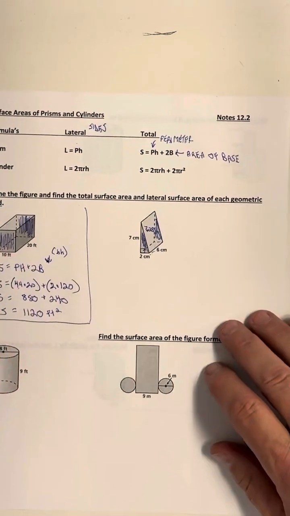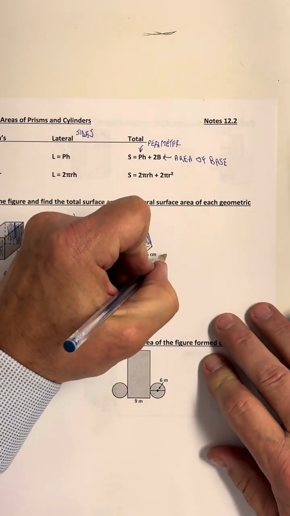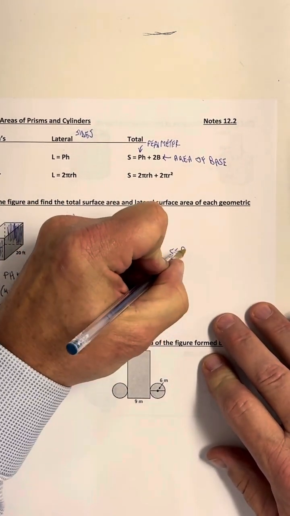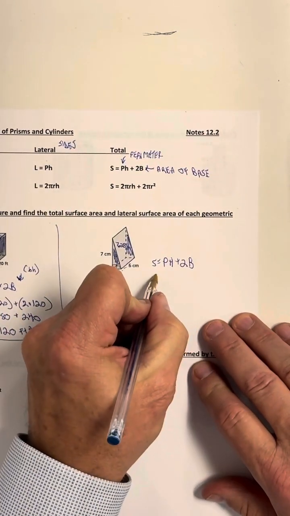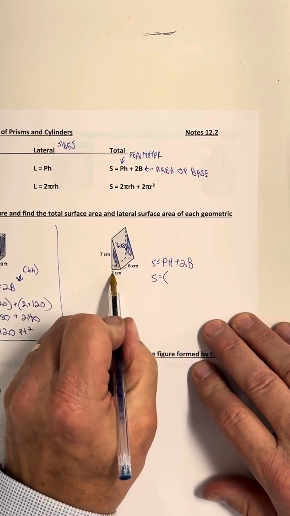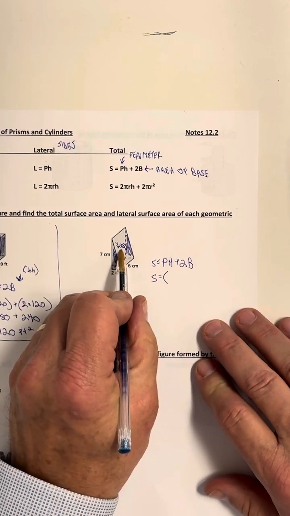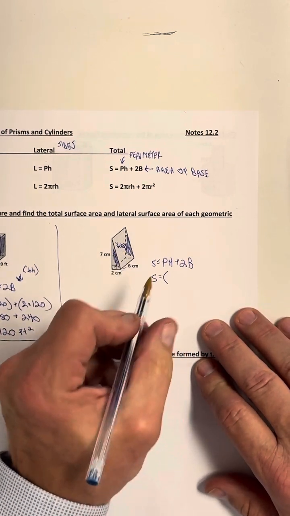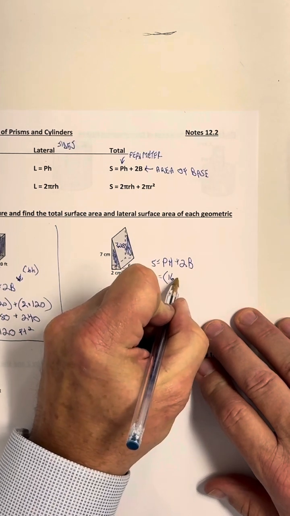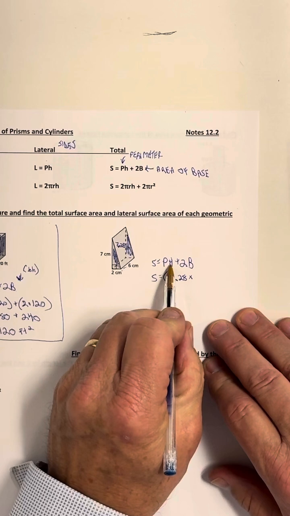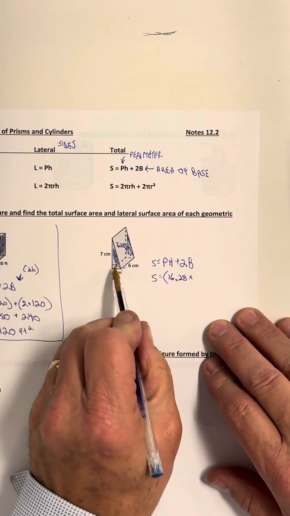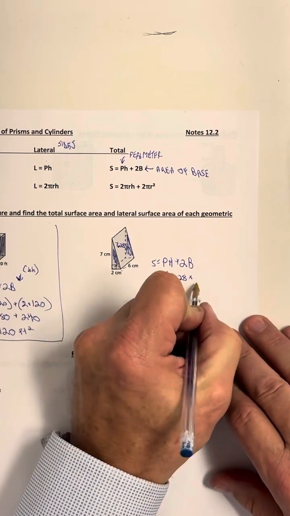Now we can do the formula. Surface area equals PH plus 2B. The perimeter is 2 plus 7 plus 7.28, which is 16.28, times the height of the prism, which is 6. That's the distance between the two bases if I were to stand it up.